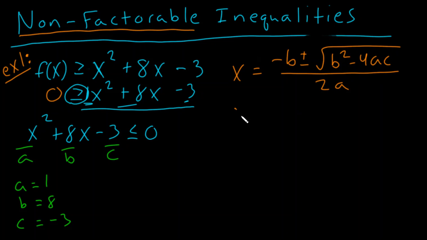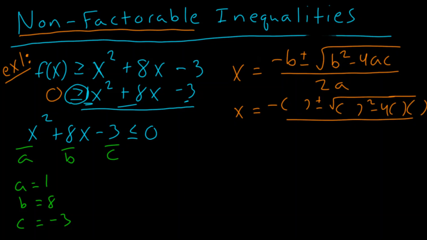And remember, what's our very first step? Well, we always want to change our letters into sets of parentheses. So I'll write negative parentheses plus or minus the square root of parentheses squared minus 4 parentheses parentheses all over 2 parentheses. And let's go ahead and plug in all of our numbers.